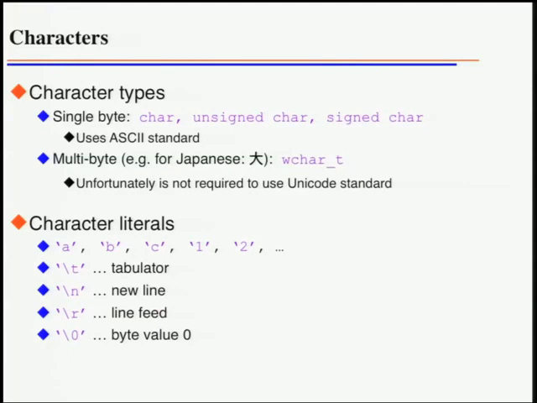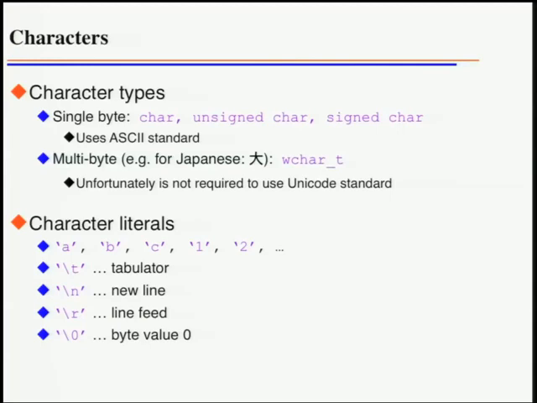Constants with the value of a specific character can be entered with single quotes. So if you write quote a quote, that's a single character with the value a in ASCII format, and so on. There are some special characters which you write by prefixing them with a backslash. There's a tabulator \t, a new line \n, the carriage return \r, which is mostly used on Windows, where a line break is new line and carriage return.